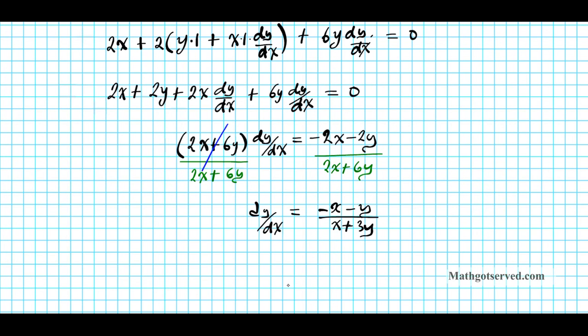That's as a result of dividing by the GCF, 2, top and bottom. So this is the slope at any point x, y.